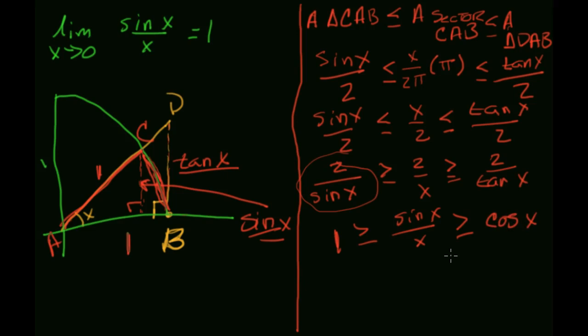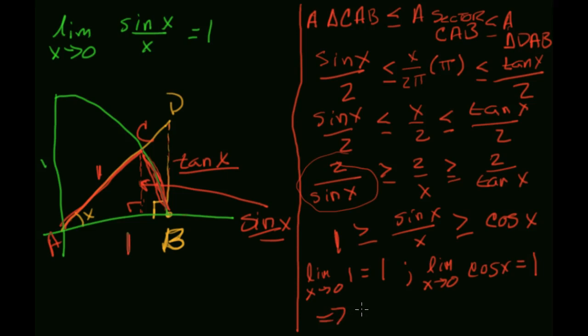Okay, so what we're going to do now is take limits. The limit as x approaches 0 of 1 is 1, right? The limit as x approaches 0 of the cosine of x, well, the cosine of 0 is 1.